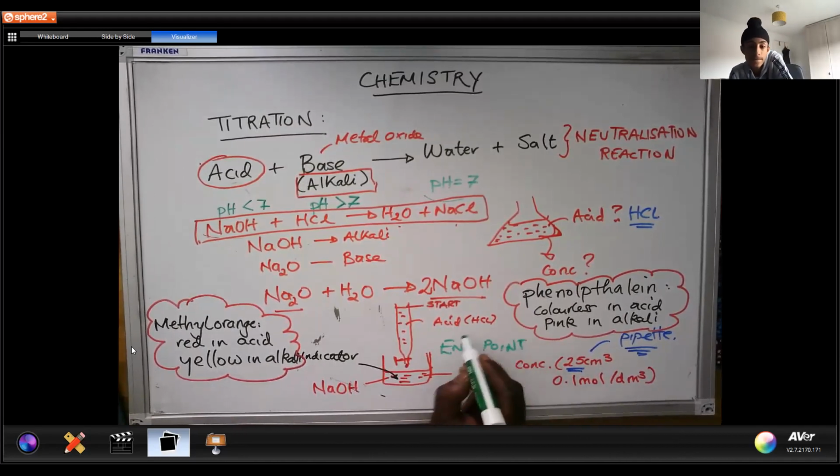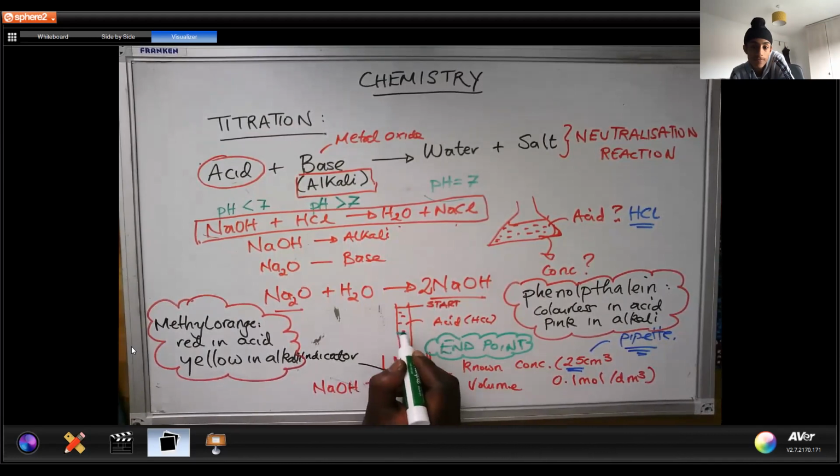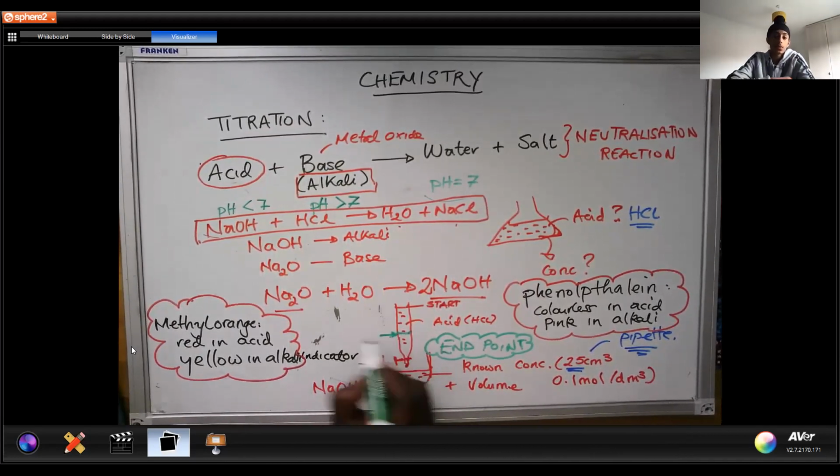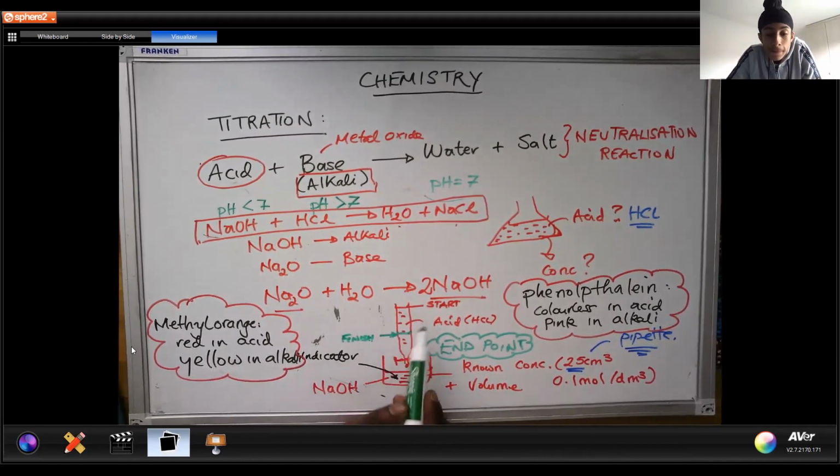So I'm looking for an end point. And now let's imagine that my volume is there. That's my finishing point. Then I ask myself, well, what volume of acid did I use?